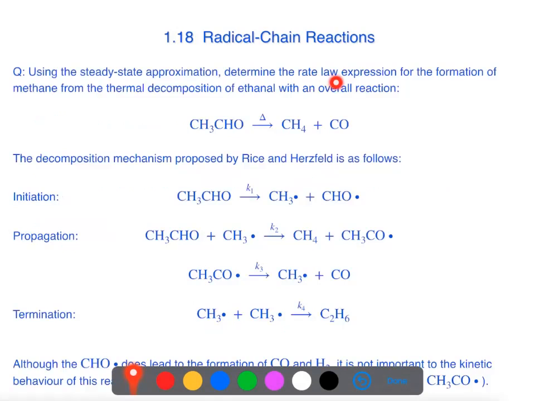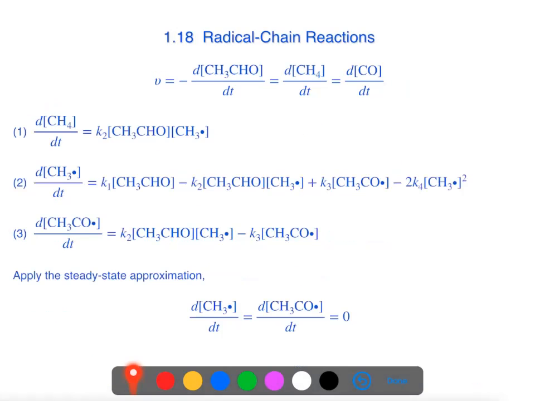So let's determine the rate law expression for the formation of methane in this reaction mechanism. As a first step, we're going to express the overall rate of the reaction in terms of the species involved in the overall reaction. That is, namely, the decomposition of ethanol, the formation of methane, and the formation of carbon monoxide.